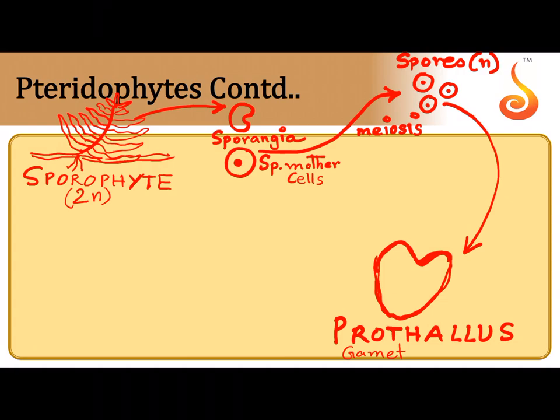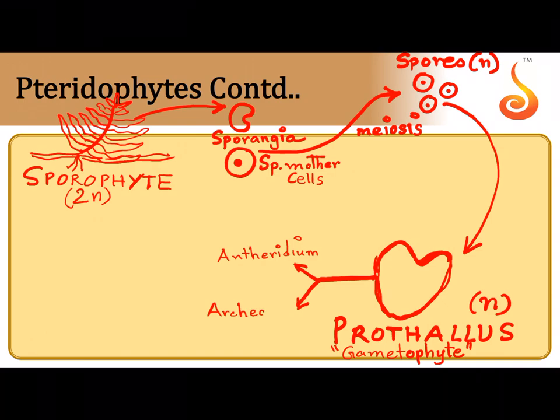Remember, it came from a haploid spore, so it is haploid. It is called a gametophyte, meaning its job is to produce gametes. So within the prothallus, there will be two types of sex organs. It is bisexual. It has antheridium and it has archegonium.